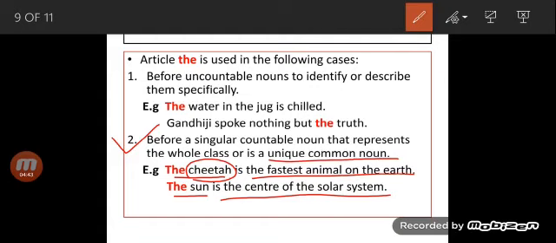Here sun is a unique star and we used article the before it. So for any unique common noun, and when we represent the whole class, a singular countable noun that represents the whole class, before that we use article the.